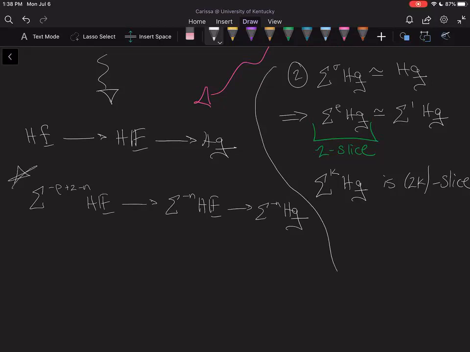I'm going to call this equation star. Just a note, S negative sigma is just the dual of S sigma.